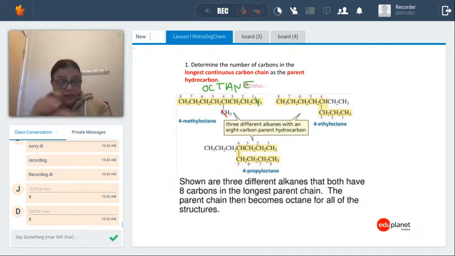Okay, but it is not a straight octane. There is something sticking out. We have here a branching with 1 carbon. What is 1 carbon? 1 carbon is meth. Correct?